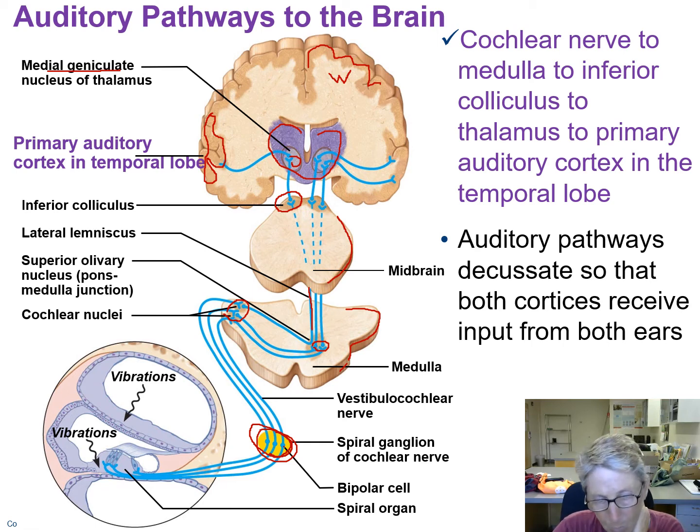So remember, the inner hair cells are here. When the sound, well, it shows here, when vibrations come through the perilymph and start the basilar membrane moving up and down, these inner hair cells' stereocilia will open mechanically gated ion channels.